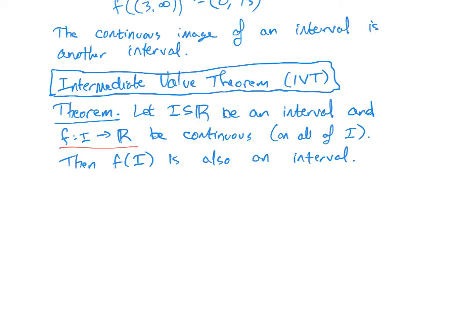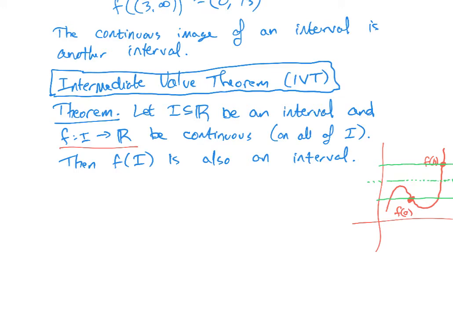So your picture is probably something like: there is f of a, and let's say here is f of b. Then if I pick any value in between those two, let's say right there, then at some point our function took on that value.